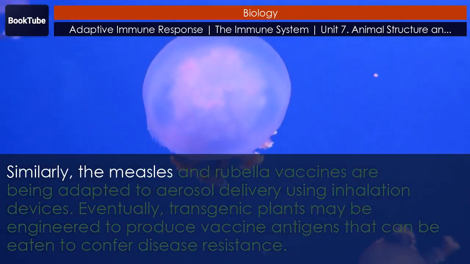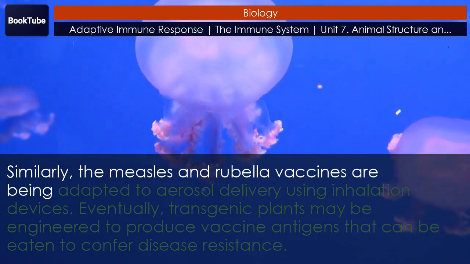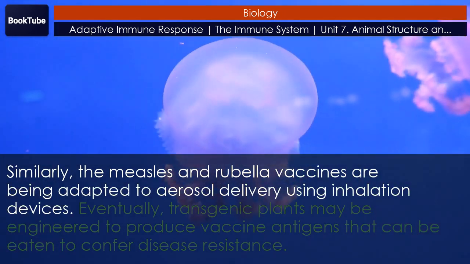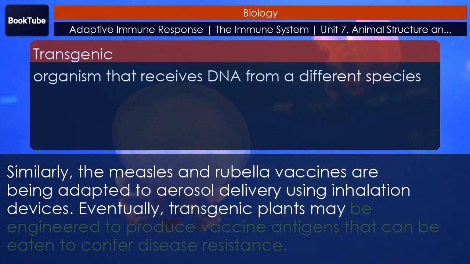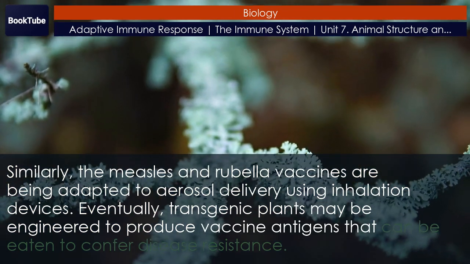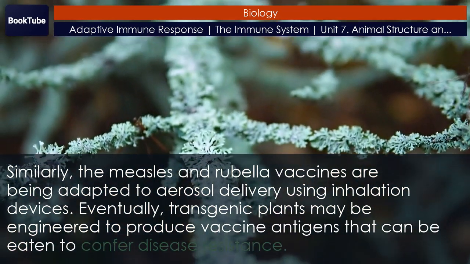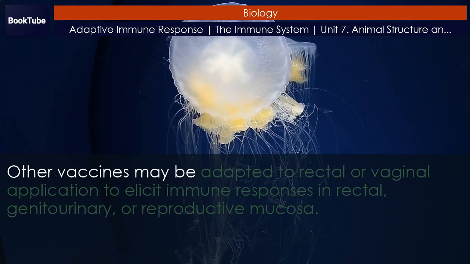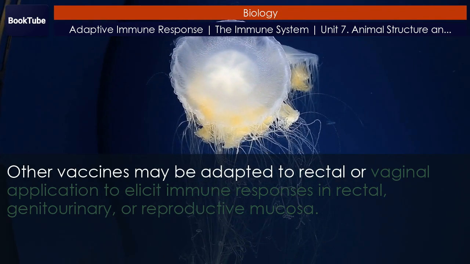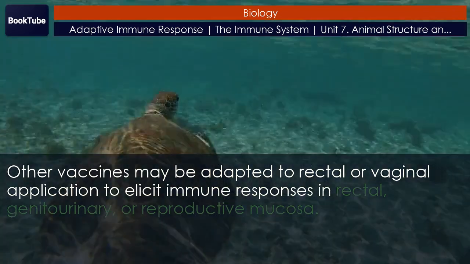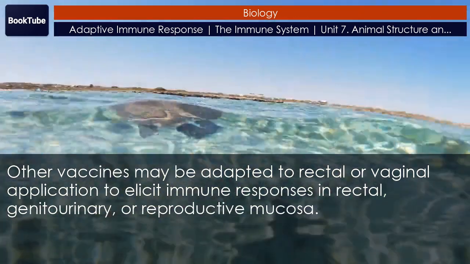Similarly, the measles and rubella vaccines are being adapted to aerosol delivery using inhalation devices. Eventually, transgenic plants may be engineered to produce vaccine antigens that can be eaten to confer disease resistance. Other vaccines may be adapted to rectal or vaginal application to elicit immune responses in rectal, genitourinary, or reproductive mucosa.